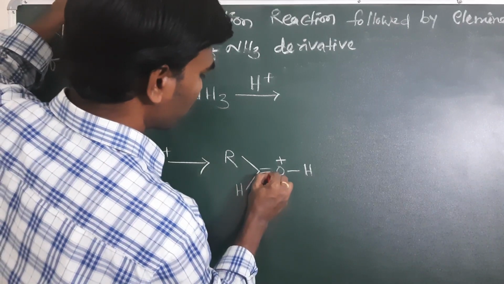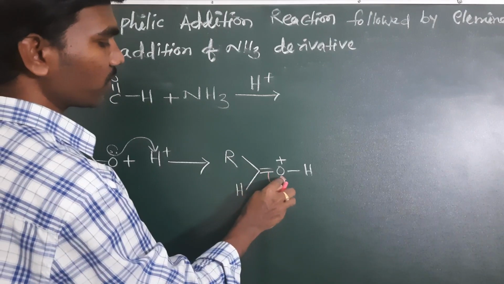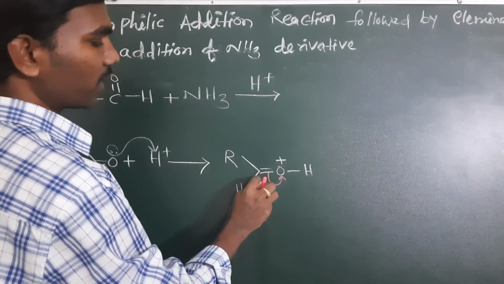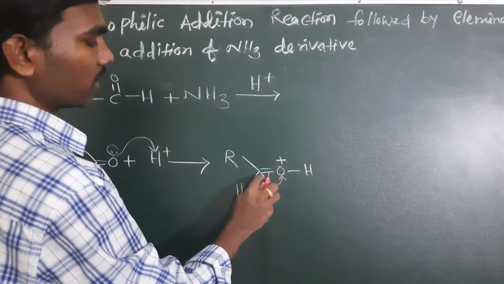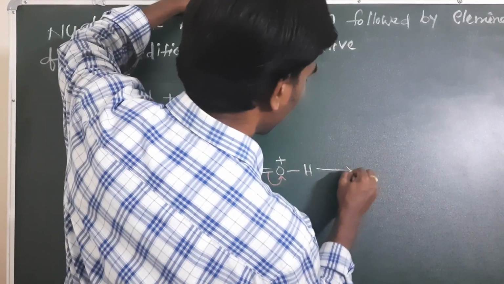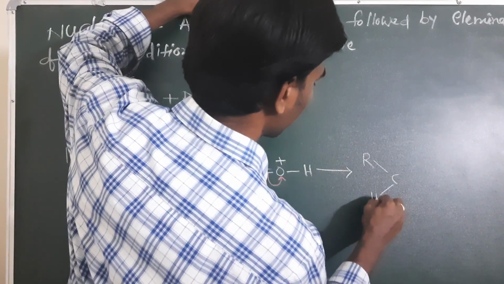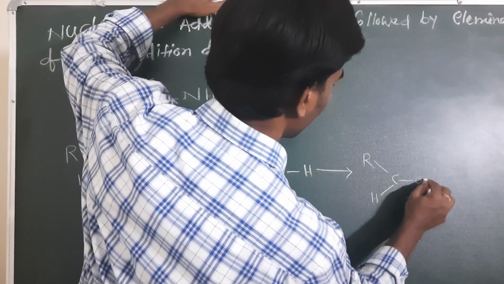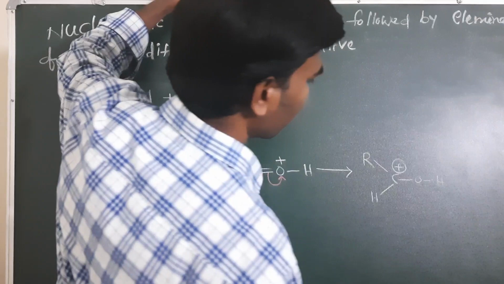Then this bond will shift towards oxygen, and carbon will get a positive charge, because when the bond pair is donated to oxygen, carbon will suffer with electron deficiency. That electron deficiency we represent with a positive charge. So this is OH, and here is the electron deficiency.